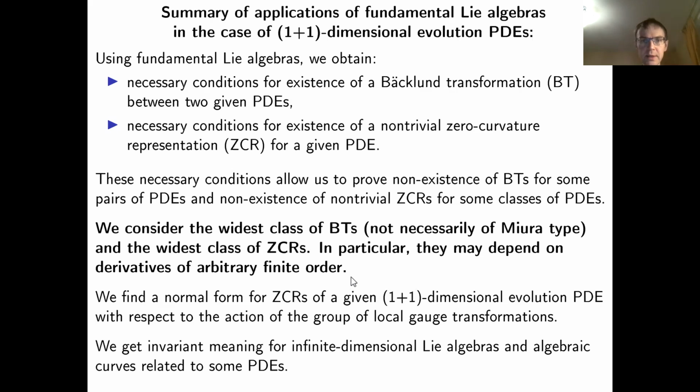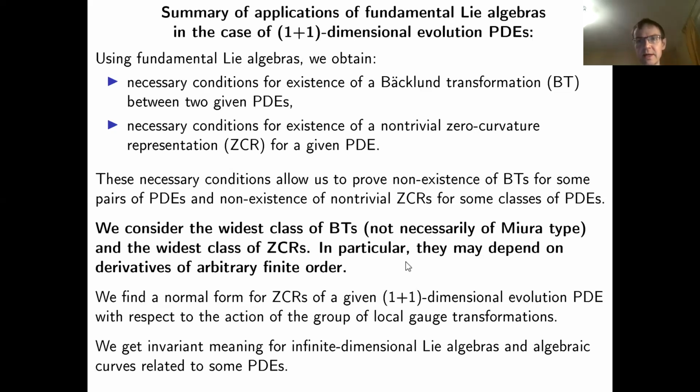Also, in order to obtain these results, we develop some technique which gives a byproduct, which may be of independent interest in my opinion. Namely, we find a normal form for zero curvature representations with respect to the action of the group of local gauge transformations.